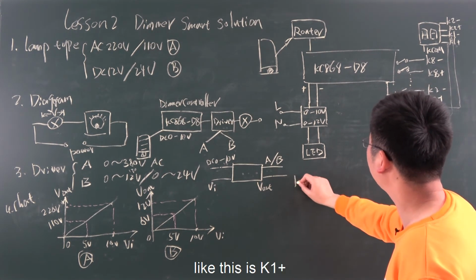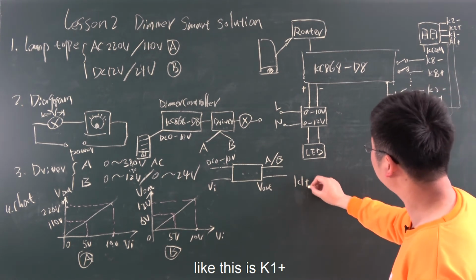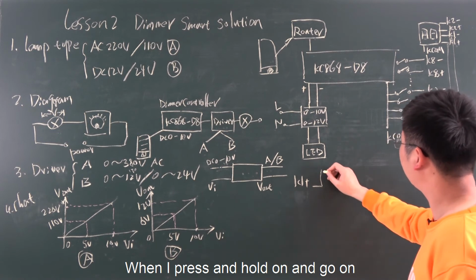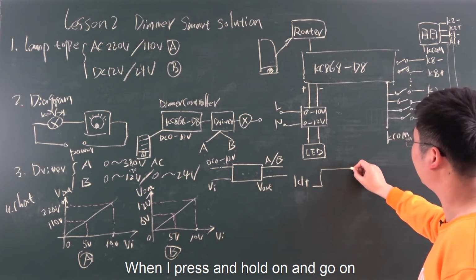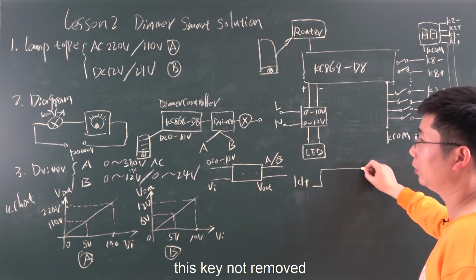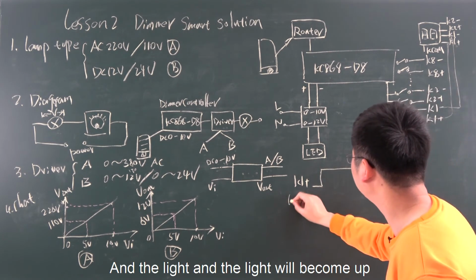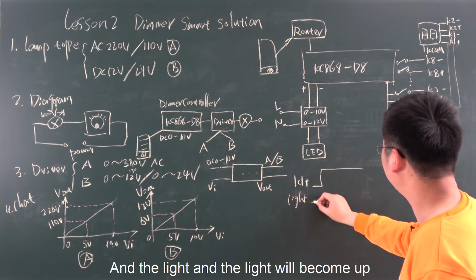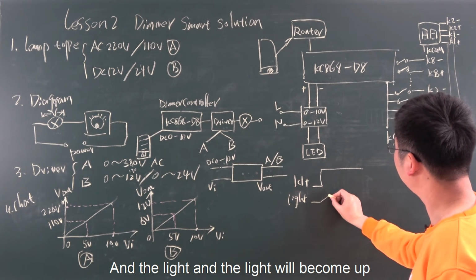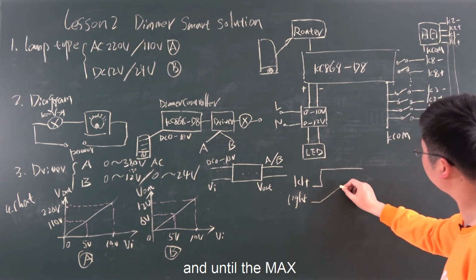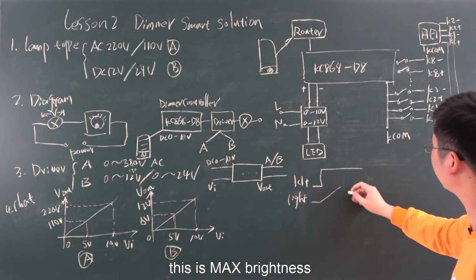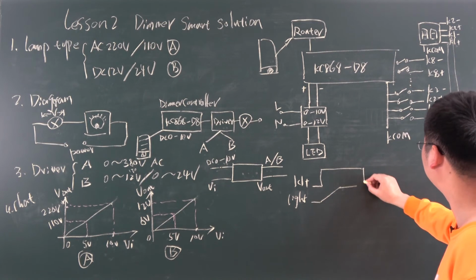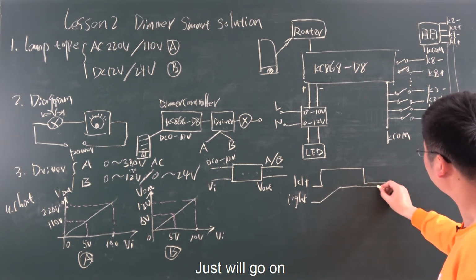Like this is K1 up. When I press and hold this key without releasing it, the light will become brighter until the max brightness, and then it stays.